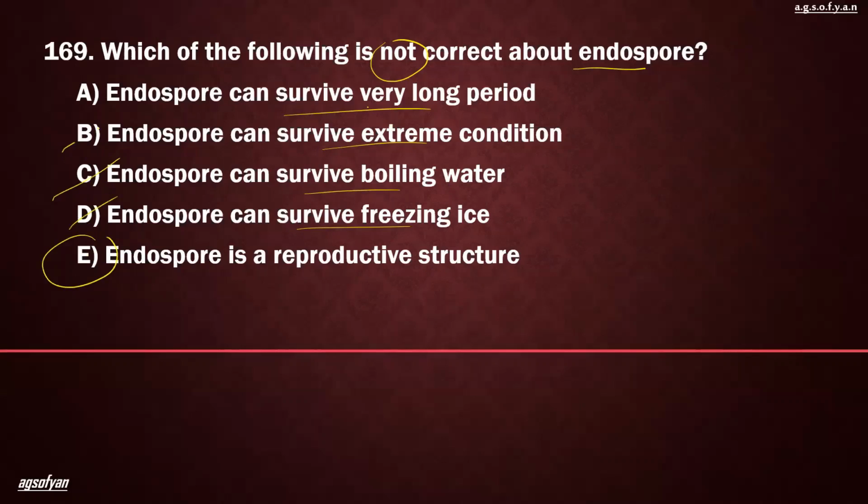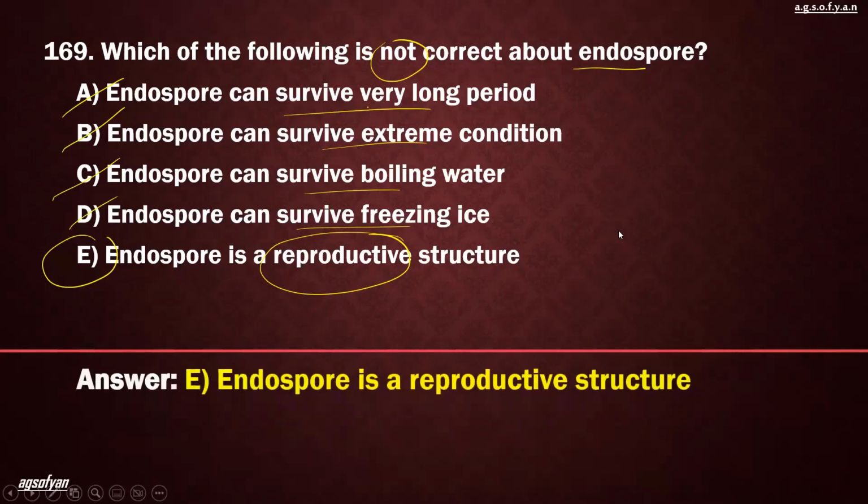So you eliminate those, then you get the correct answer. Endospore is not a reproductive structure, because when the bacteria make endospore, they do not reproduce. They stay alive for many years, sometimes millions, but they do not reproduce. So endospore is not a reproductive structure.